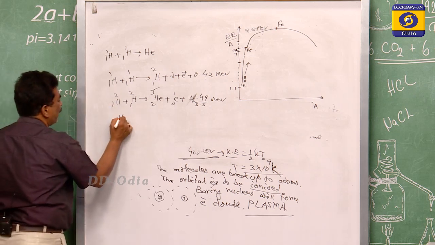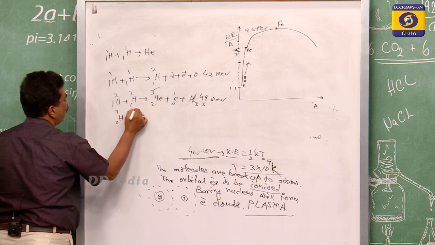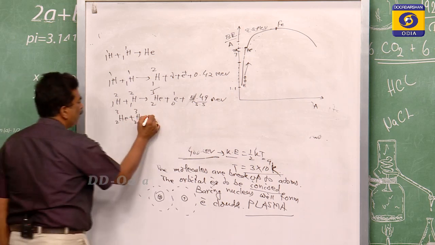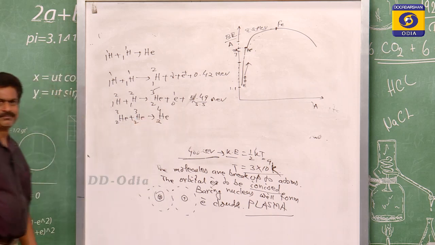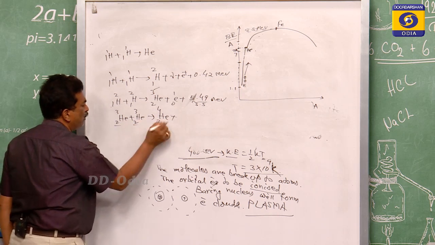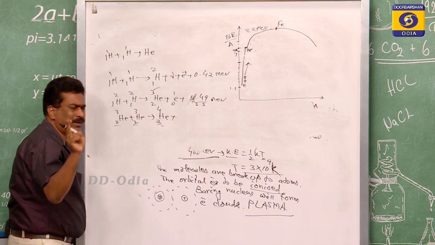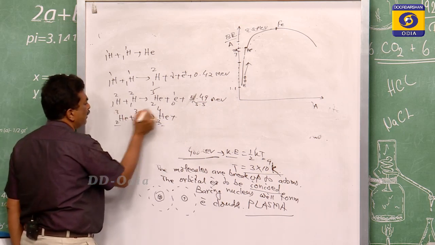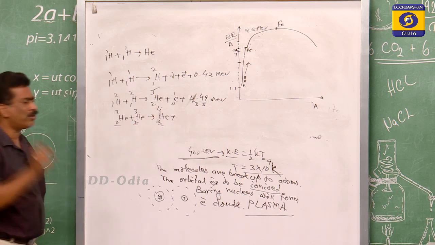Then this He23 plus He23 will give you He24. You see 2, 2 is 2 to 4, here it is 2. So 2 must be required on the right side. 3 plus 3 is 6, but here we have 4, so 2 more are required.